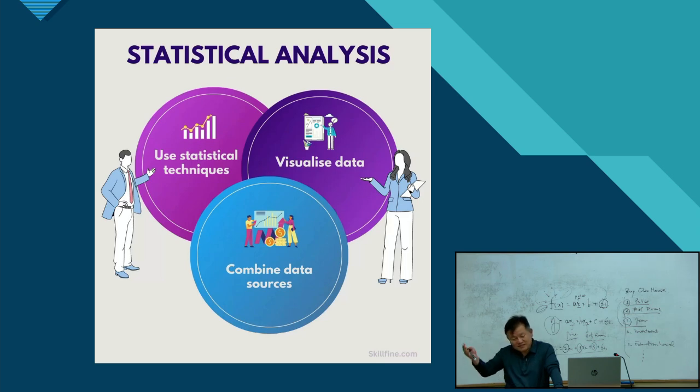What kind of patterns? What kind of trends? At that time, we can use statistical analysis. There is a tremendous amount of data. How can we discover that? At that time, we can use statistical analysis.